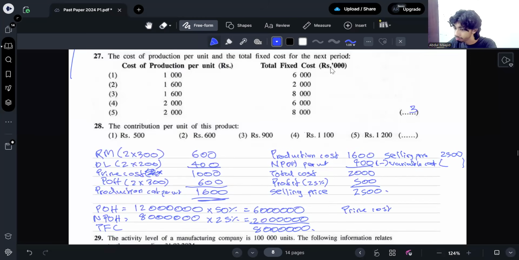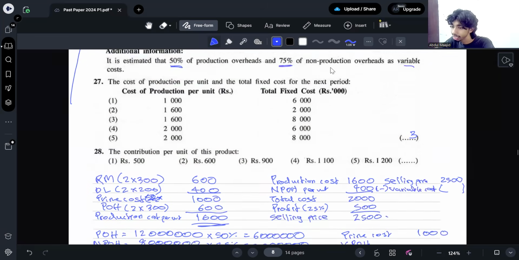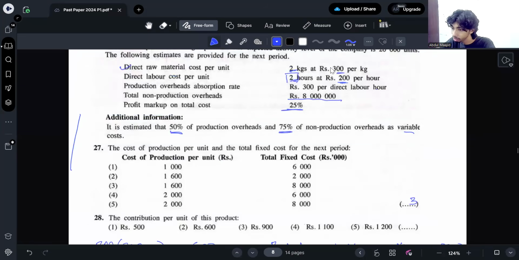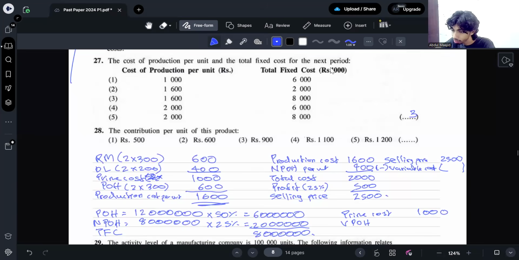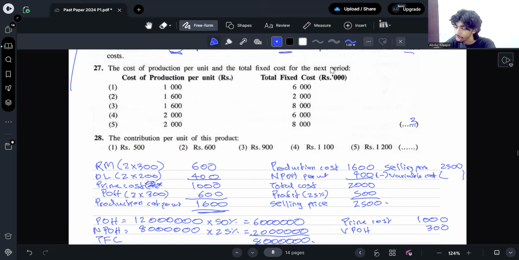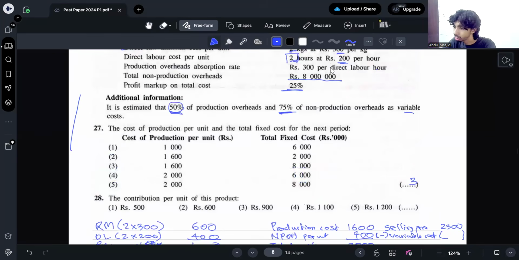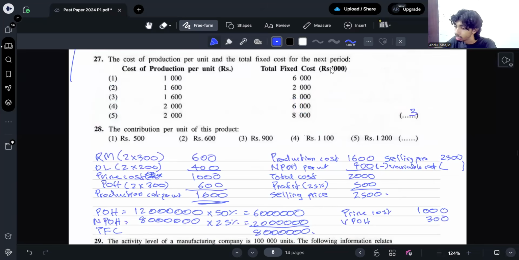Prime cost 1,000. How much is your variable production overhead? Variable production overhead is 50% of the total production overhead. For one unit, the production overhead is 600, so 50% of that is 300. And they are saying 75% of the non-production overhead is variable. Non-production overhead per unit we found as 400. Then 75% of that is 300 variable non-production overhead.